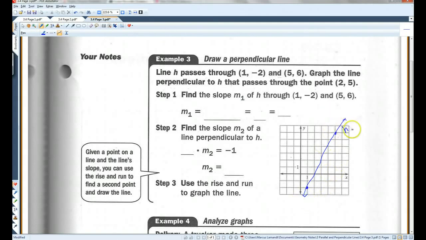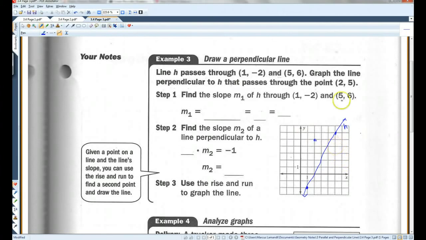So this is line H. Graph the line perpendicular to H that passes through point 2, 5. 2, 5. 1, 2, 3, 4, 5. So I need to draw, there we go. I need to draw a line perpendicular through that point.